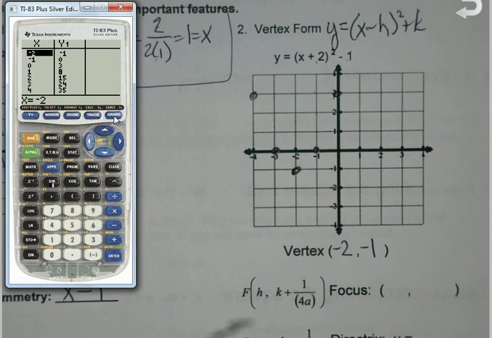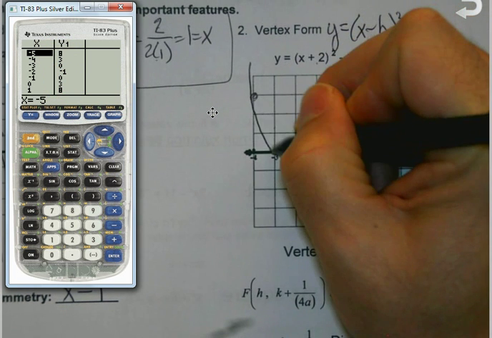Get my chart. I double check here. I see the symmetry, and I see negative 2, negative 1. Hot dang. And then I check the other points. Negative 3, 0, and negative 1, 0. There they are. And negative 4, 3, and 0, 3. Okay, so pattern, chart, find success either way.